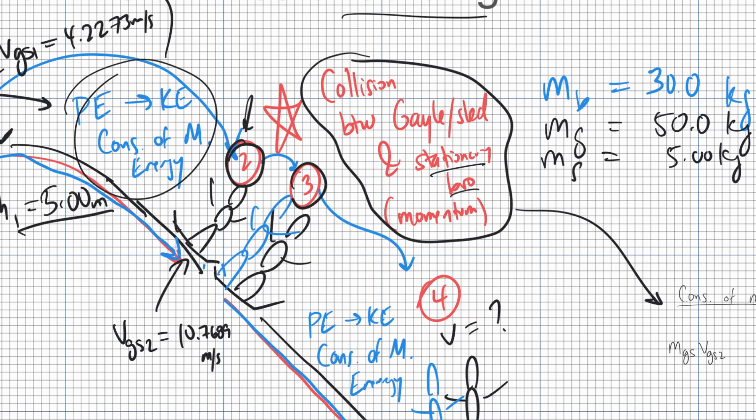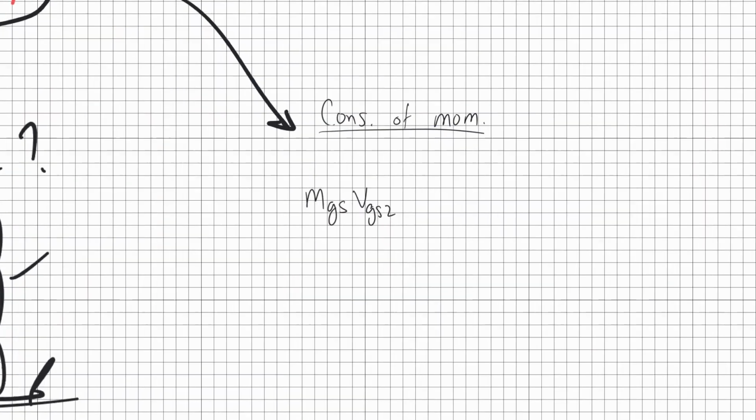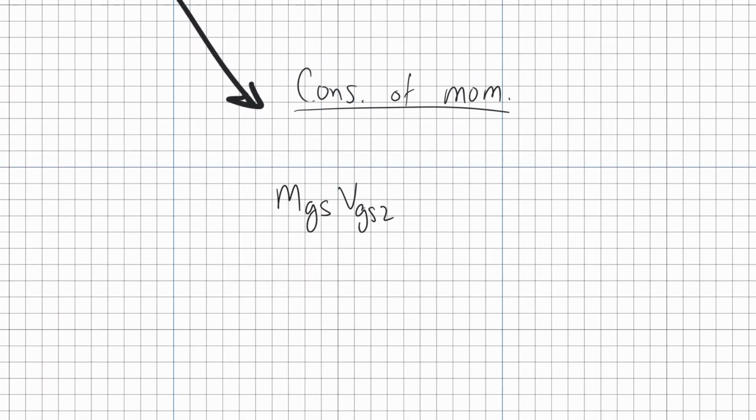And then afterwards, we've got this. So the momentum beforehand is here, and then it's all going to go into a much larger object. Technically, we could add the brother on here: plus the mass of the brother times the velocity of the brother at 2. But we know that the brother's not moving, so that whole term goes away.